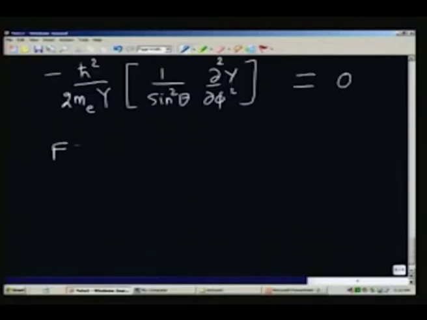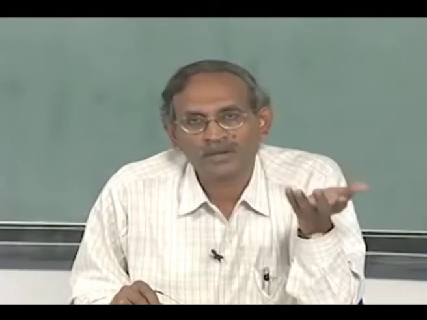And therefore, if you write this as something like a quantity which depends only on a function of r and another which is a function of theta and phi, if I do this symbolically, is equal to 0, and this is valid for all values of r and all values of theta and phi, which in the hydrogen atom case, r goes from 0 to infinity, theta goes from 0 to pi, and phi goes from 0 to 2 pi.